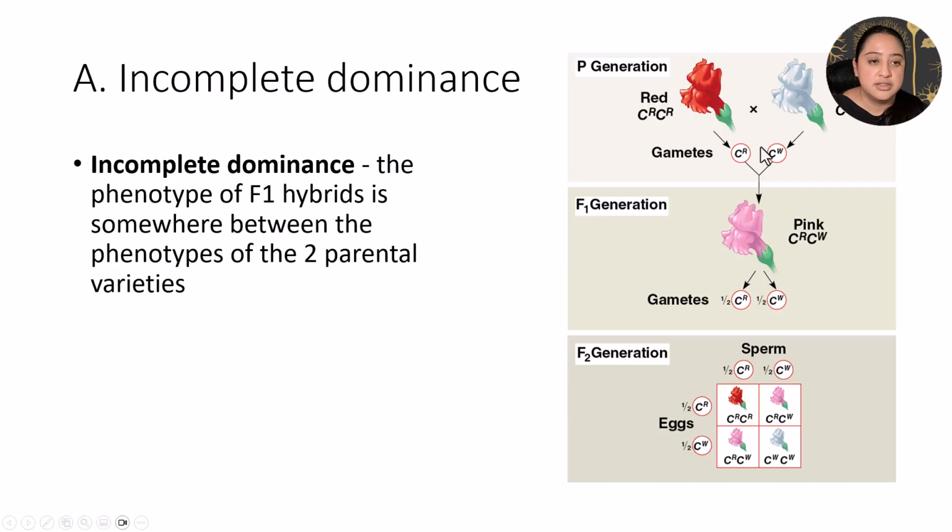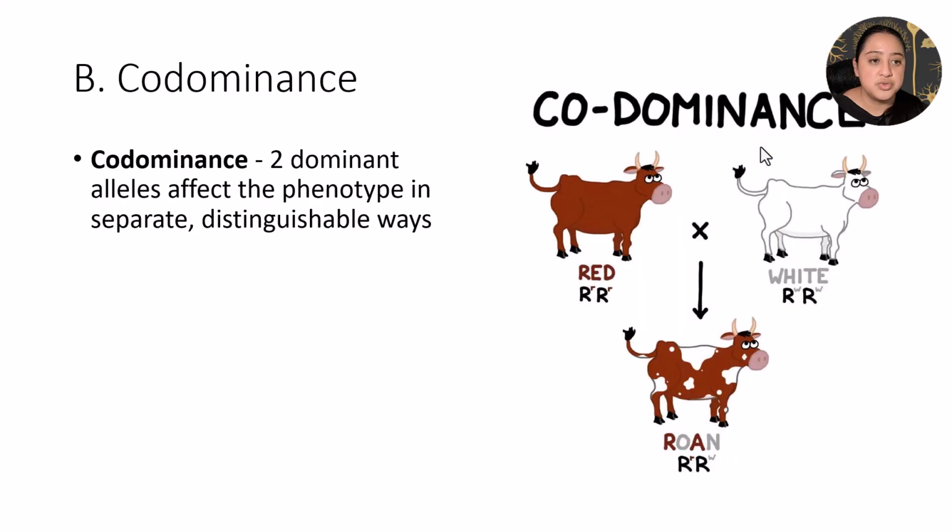And that's opposed to codominance. In this case, the two dominant alleles affect the phenotype, but in separate, distinguishable ways. They both are dominant and they're fighting for dominance, but they're like, well, I guess we'll both be dominant. They're codominant. In this example of cow color, this fur color is red, although I would still say it's brown, and this fur color is white.